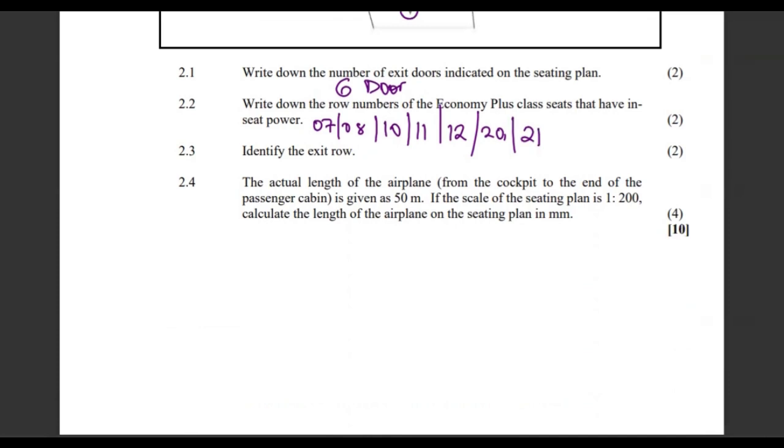Okay, they are telling us to identify the exit row. Identify the exit row. Row 21.